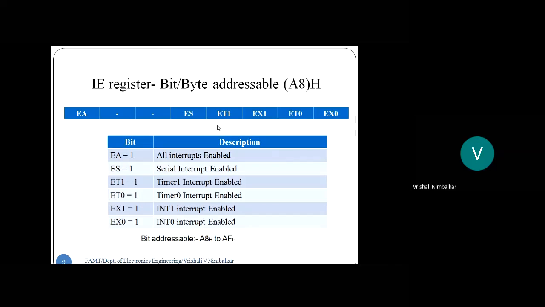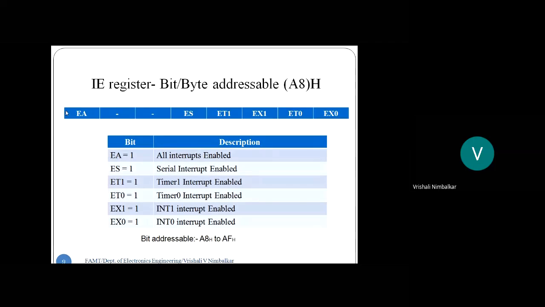Correct? So whether the interrupts are to be enabled or disabled depends on the master control bit. That EA bit should be set. Are you getting me? So if the EA bit is 1, it allows enabling the interrupts. If the EA bit is 0, all the interrupts are disabled.